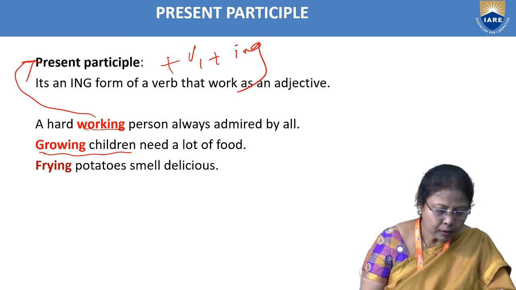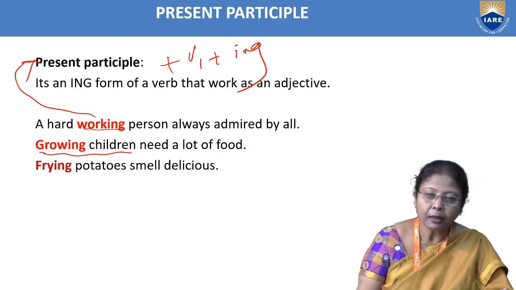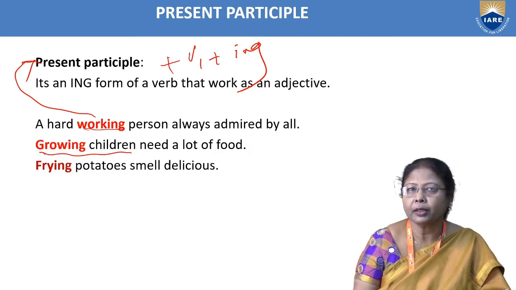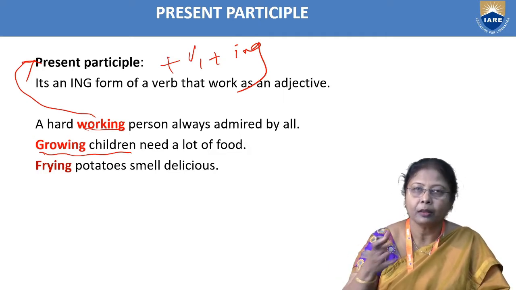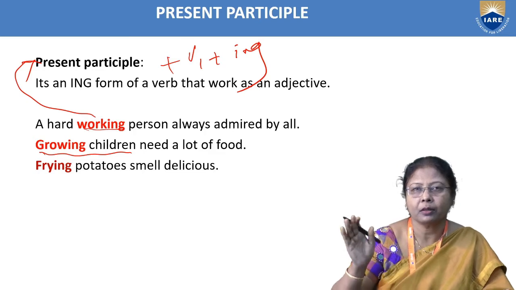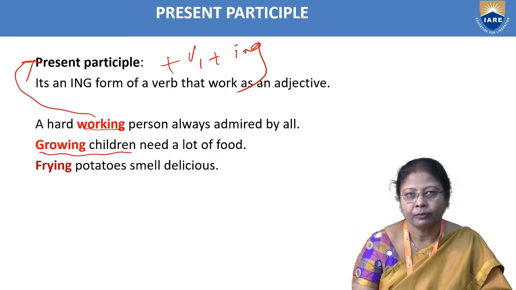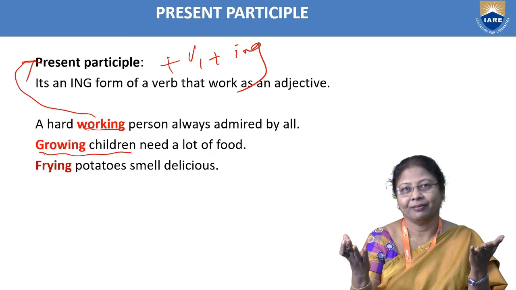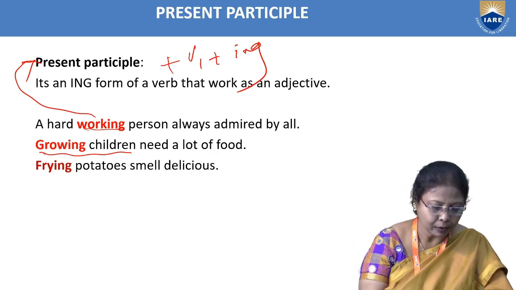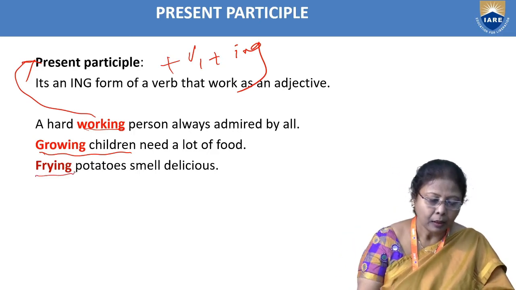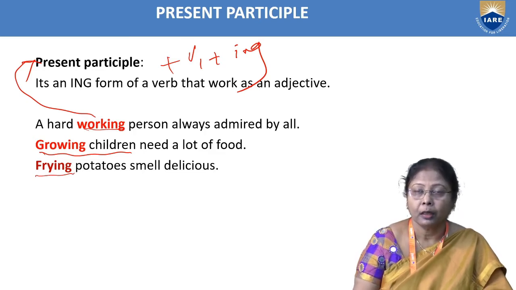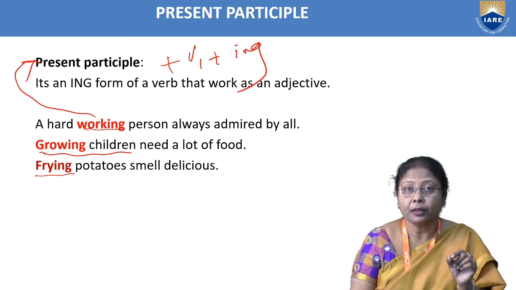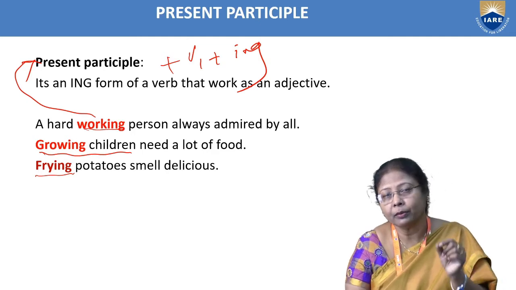And the next one is: frying potatoes smell delicious. What sort of potatoes are these? Frying. While we fry potatoes on the stove, they smell delicious. So here, frying is an ing form, which we call a present participle, and it acts as an adjective which says something about the noun.